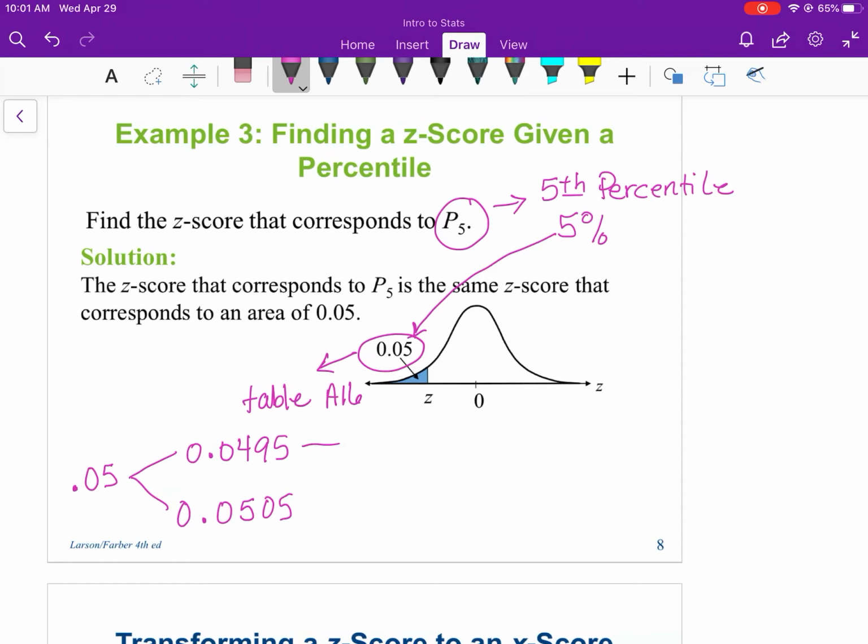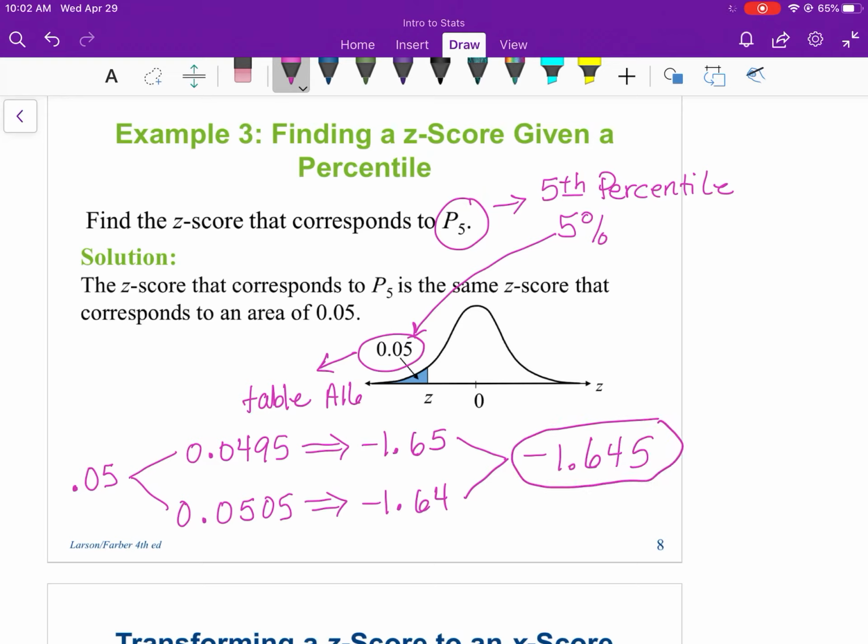The z-score for this one is negative 1.65, and for this one, negative 1.64. So what you're going to do is average them together to get your z-score. You can add them and divide by 2, or you can just eyeball and come up with the middle. That's what I did. So when your area is right in between two values and it's the same distance above or below, you have to average the z-scores together. So we're averaging these to get that final one.